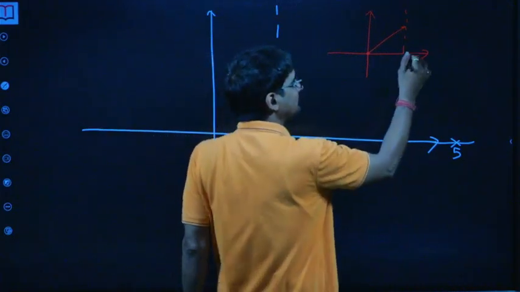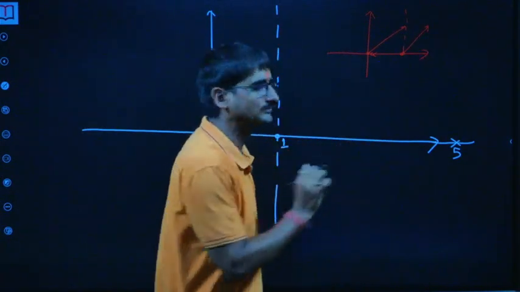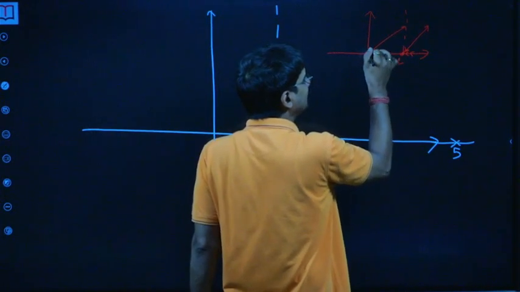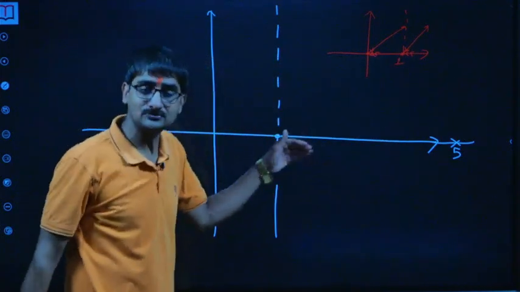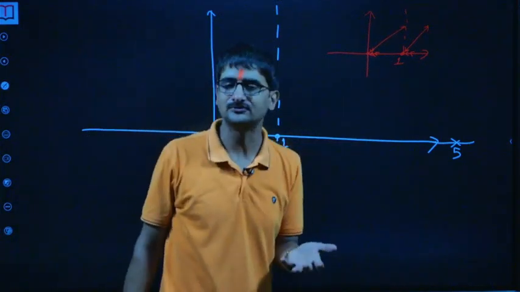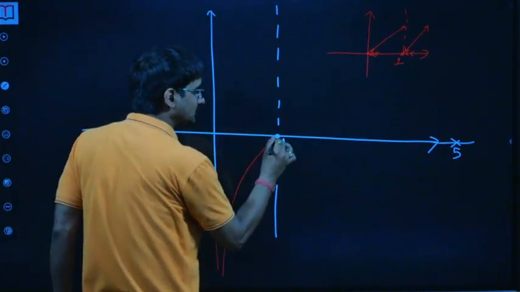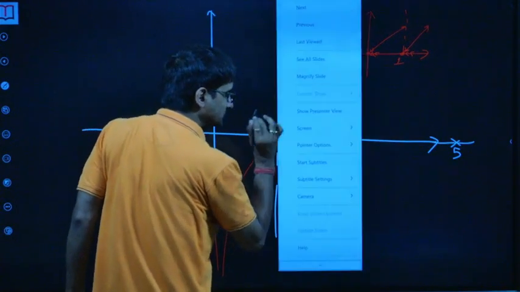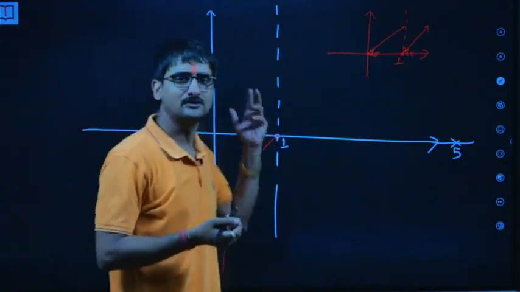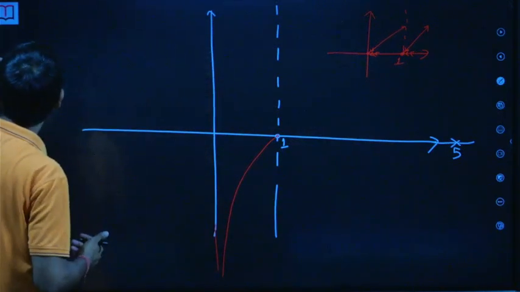But as it approaches an integer from the right side, it goes to 0. So as x approaches 0 from the right side, the fractional part of x goes to 0, and ln of 0 goes to minus infinity. So the curve will start somewhere from here, and it will go to this point, and at 1 it has to be 0. Why so? Because when x is an integer, the value of f(x) is 0. So that's it.